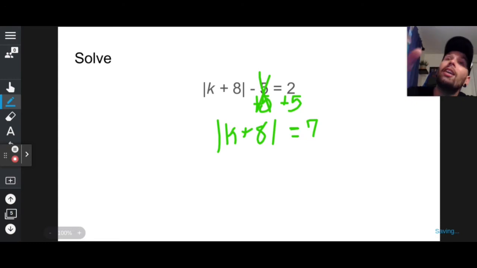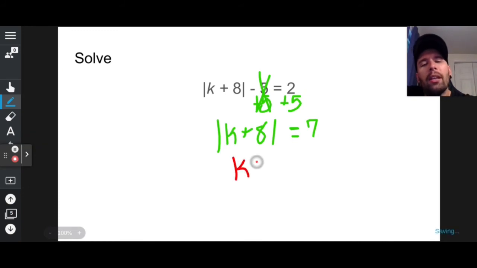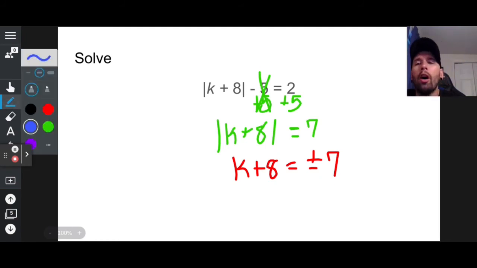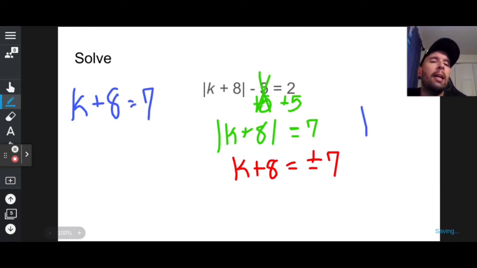And then I'm going to take away the absolute value, making the right side positive or negative, and split this into two equations. My two equations are k plus 8 equals positive 7, or k plus 8 equals negative 7.